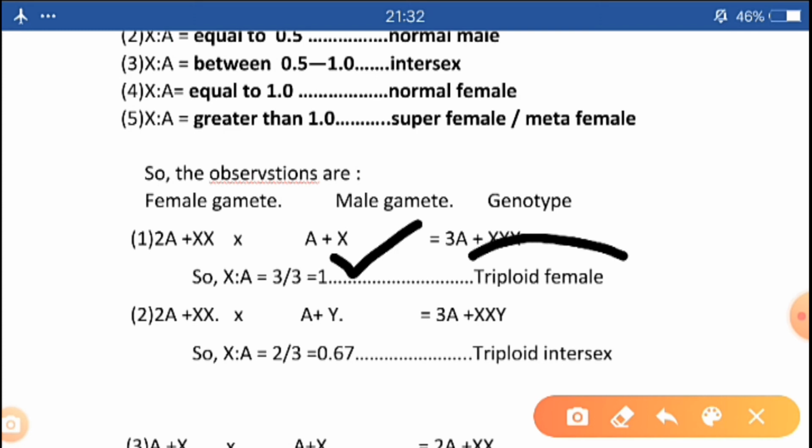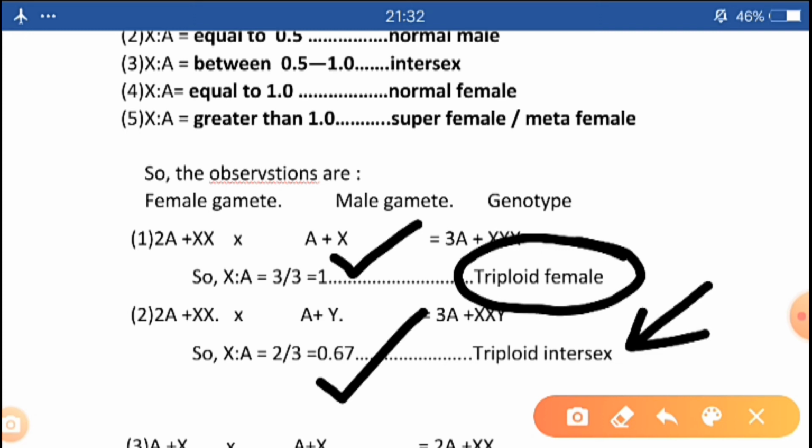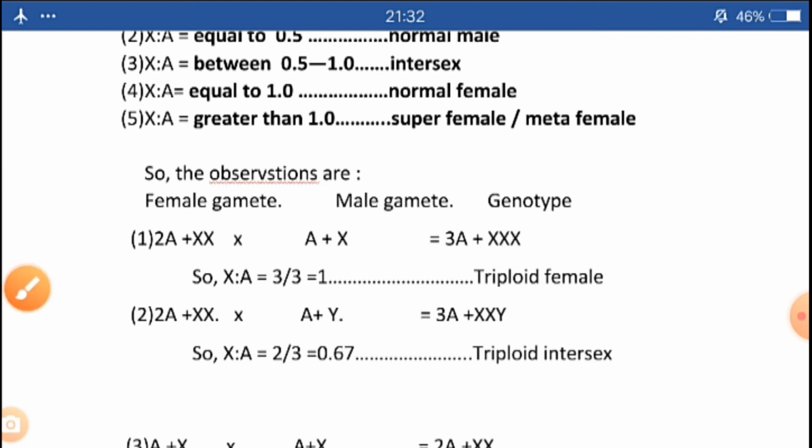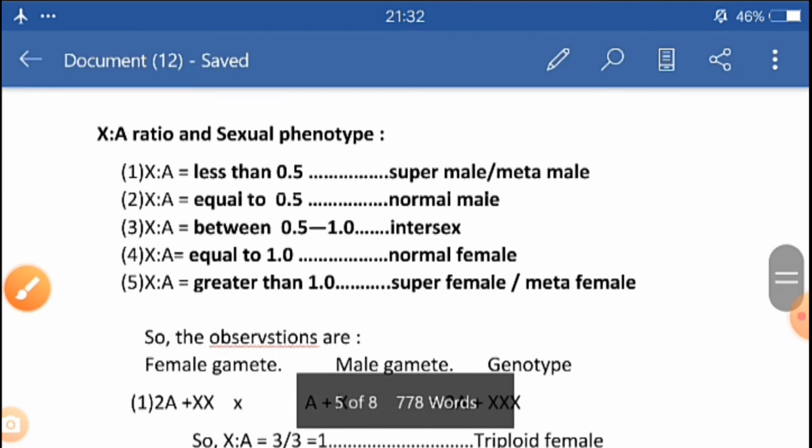So it will be triploid female. And in the second block, the index is 0.67, hence it is triploid intersex. Have a look at the cross, then it will be clear.